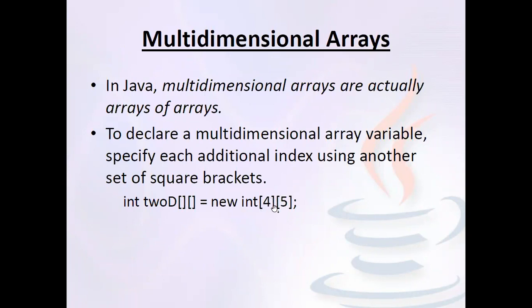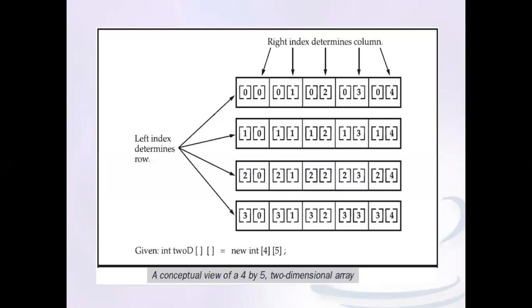So totally, you will have a 4 by 5 array. You have 4 rows and 5 columns. The 4 rows are indicated by the left index and the 5 columns by the right index. This is how we will get the diagram for the same.